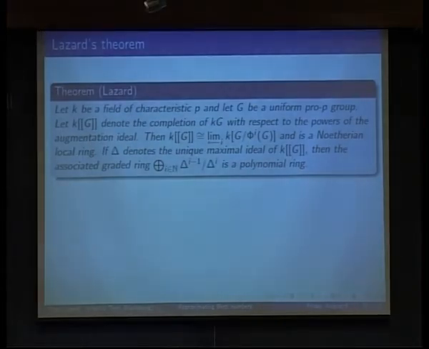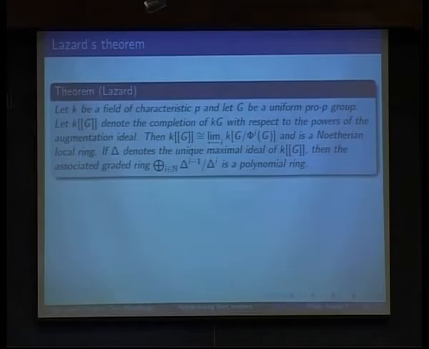So this is a rather strong result due to Lazard. If K is a field of characteristic p and G is a uniform pro-p group, then you let KG denote the completion of KG with respect to the powers of the augmentation ideal, in other words the ideal generated by the elements g minus 1 for g in G. And then this completion can be described as the inverse limit of these group rings K[G/phi i of G], and it will be a Noetherian local ring.